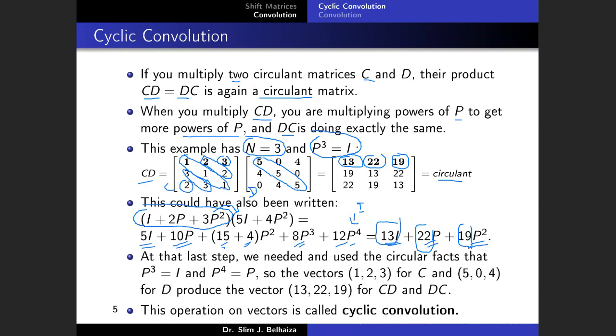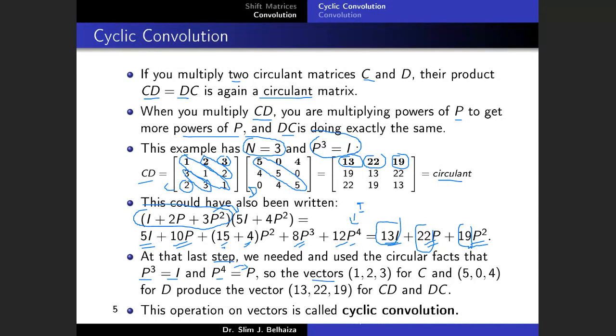Which is interesting because, in this compact formulation, just using the shift matrices, you were able to get the circulant matrix. So at the last step, we used the fact that P cubed is I, because we are in size 3. And P to the power 4 gives you back P.